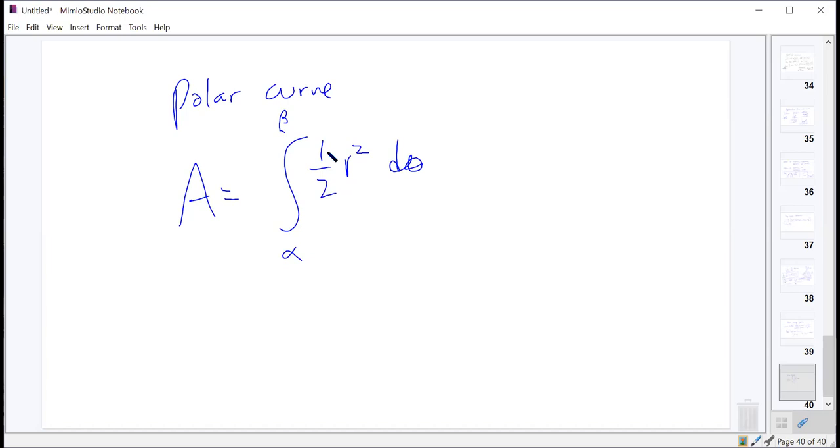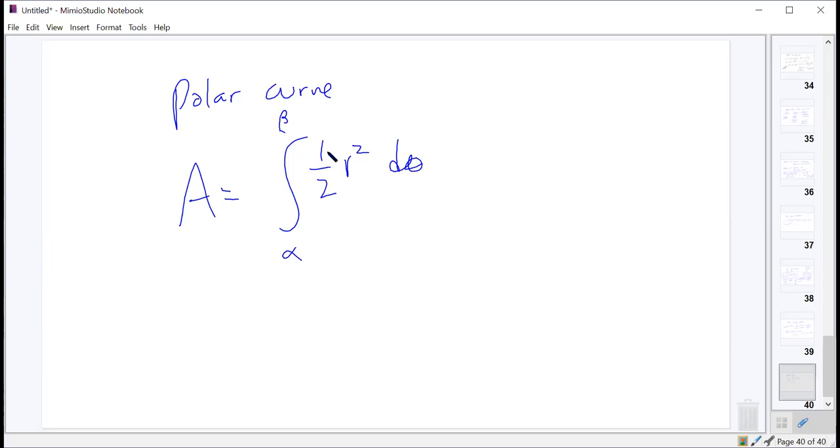They're just doing the r, or they might just be doing the r squared and forgetting the half. So don't forget that it's 1/2 r squared d theta. That just comes from the formula for the area of a circle, right? Pi r squared, and then dividing that by 2 pi for the number of radians going around the full circle.